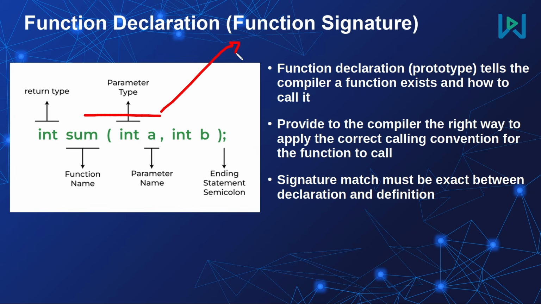So the C function signature consists of the return type, the name of our function, as well as the different parameter types provided as input to our C function. All of those will be defining, let's say, the function signature.